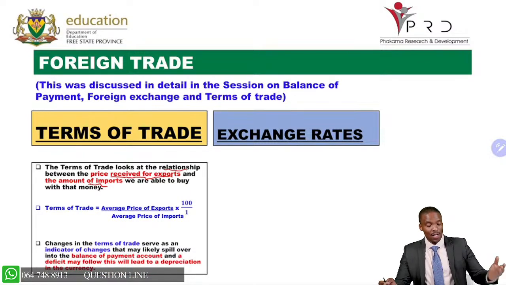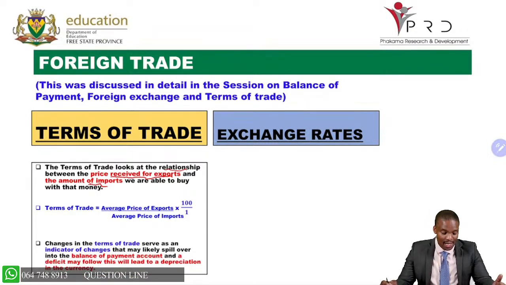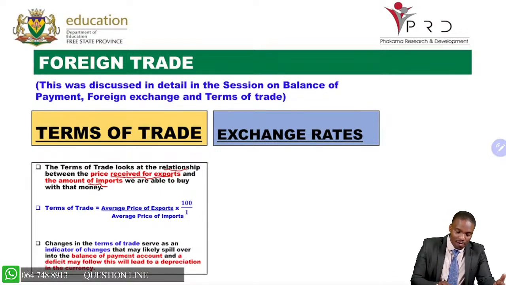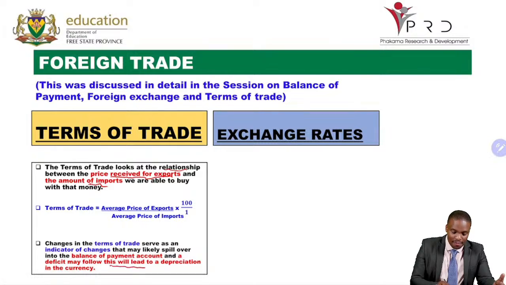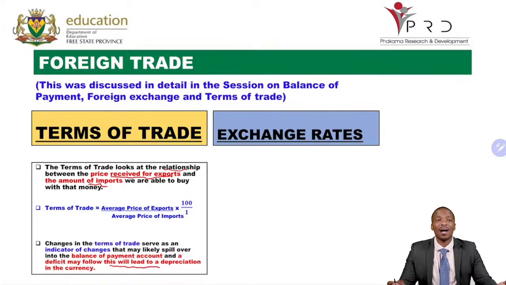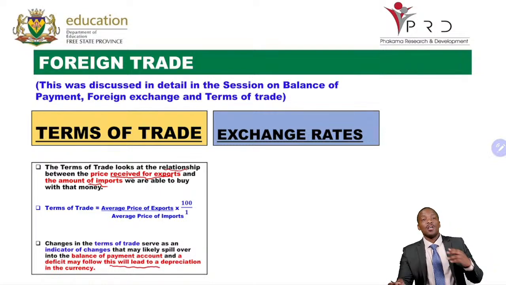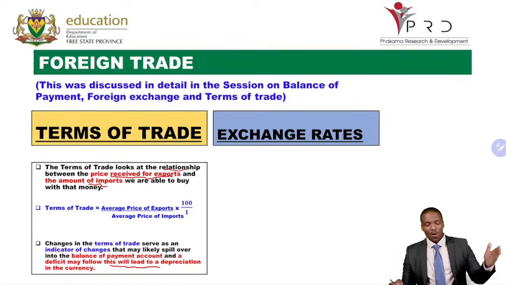Okay, so the changes in the terms of trade serve as an indicator of changes that are likely to spill over into the balance of payments and may cause a deficit, which leads to a depreciation in the currency. So here what we are saying is that every time we are calculating terms of trade, that means the ratio of exports to imports, it should always be higher.